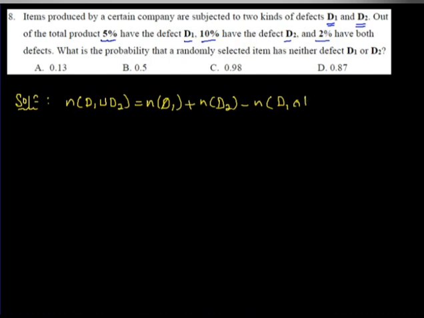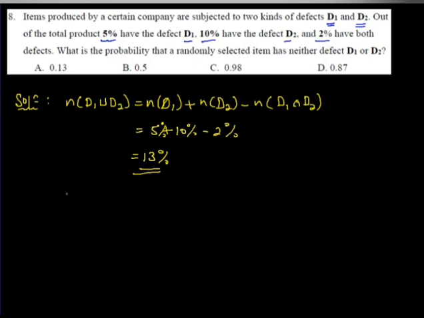Okay, so we need to get this result. It's 5% plus 10% minus 2%, which means 30%?